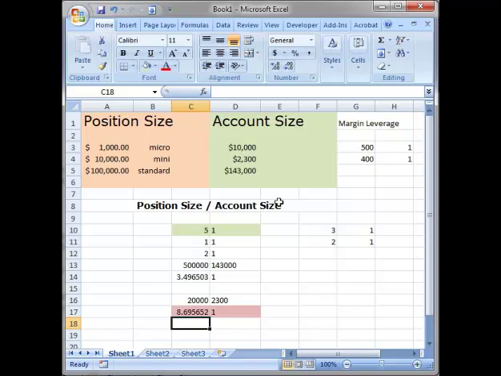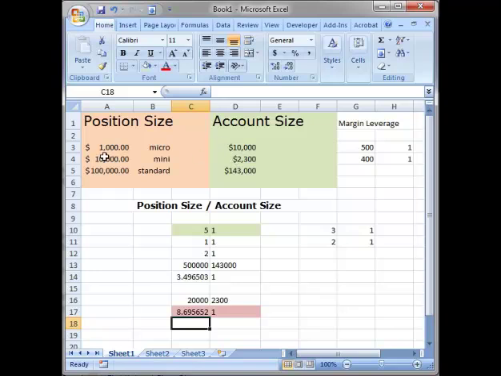So when you look at every trade, you want to make sure that you're not using more contract size or position size than what you have in your account size. Going forward, that should be a rule that you figure out before you place any trade: how much are you leveraging yourself? And there's going to come a time where you don't have to calculate all this. You'll just know that, okay, I have $10,000 in my account, or let's just say 12,000.